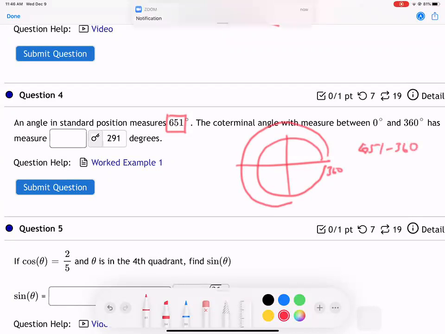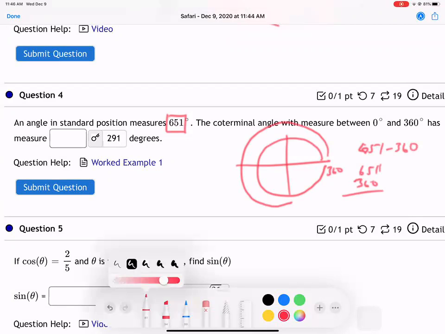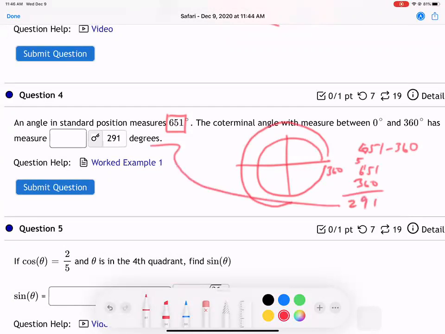Let me write it a different way so you can see it. 651 minus 360. I'm going to borrow 1. That's 15 borrow 1 is 5. And that's going to be 291. So it's going to be angle 291, and yes, that does fit between 0 and 360. They are coterminal.